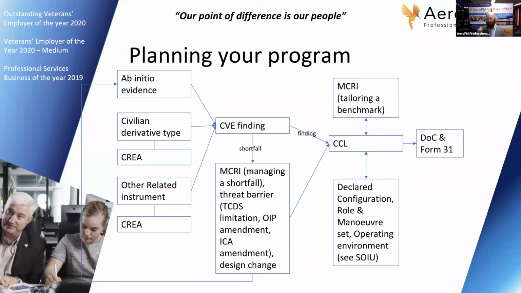But just know that that exists. So that's a key change to this certification process because of the introduction of the type holder. Now, our SOIU that's associated with that CCL, either of those can change over time, which could invoke us to go back and regenerate evidence. Those two documents are a pigeon pair.